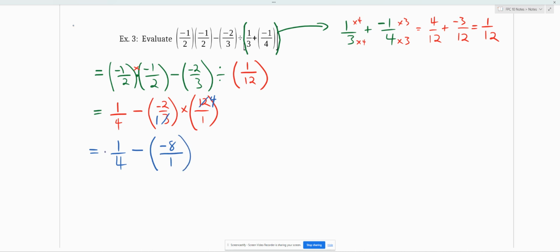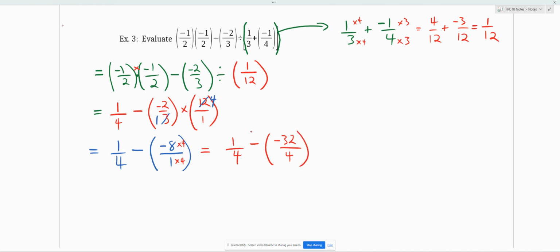Now I can see I have 1 over 4 subtracting 8 over 1. So let's get a common denominator here. And to do that, I'm going to go times 4 times 4. So I'm going to get a brand new fraction. Let's just write it over to the right here of 1 over 4 subtract negative 32 over 4.